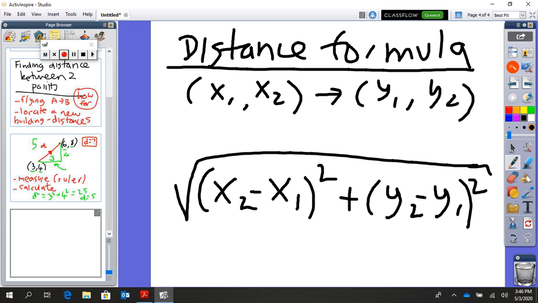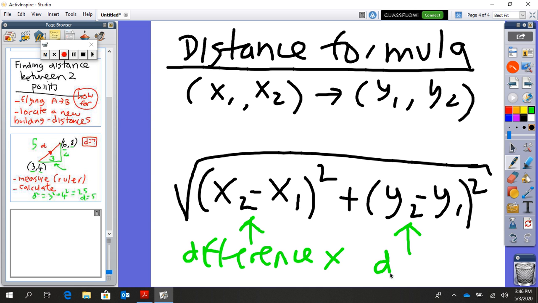And this is what's called the distance formula. So you basically just take the difference in the x's and the difference in the y's. And we saw an example of that in the last example, the last slide.